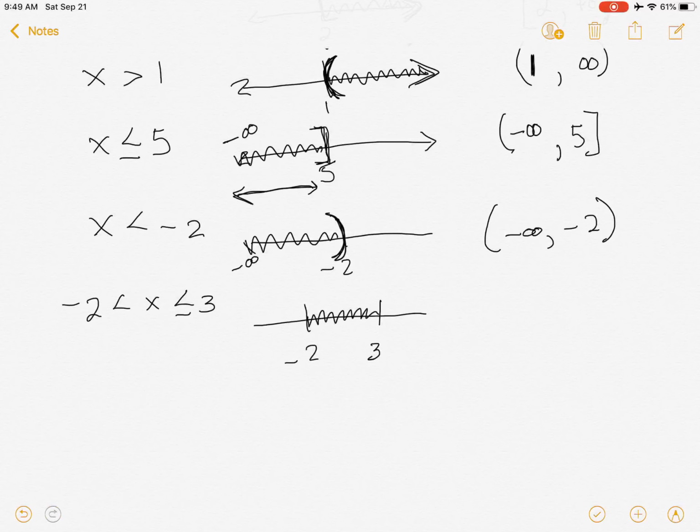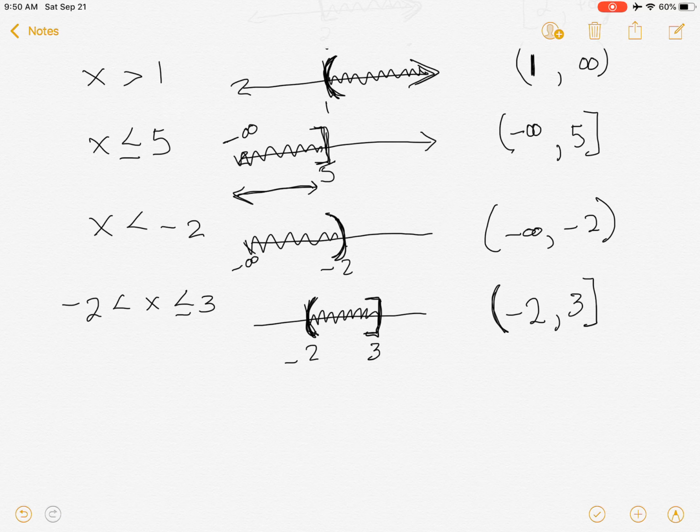Alright, now the negative 2 does not have an equal to sign, so it's going to get a parenthesis. And the 3 has an equal to sign, so it's going to get a bracket. So that makes the interval notation really easy. This graph starts at negative 2 and it stops at 3. So negative 2 gets a parenthesis and 3 gets a bracket.